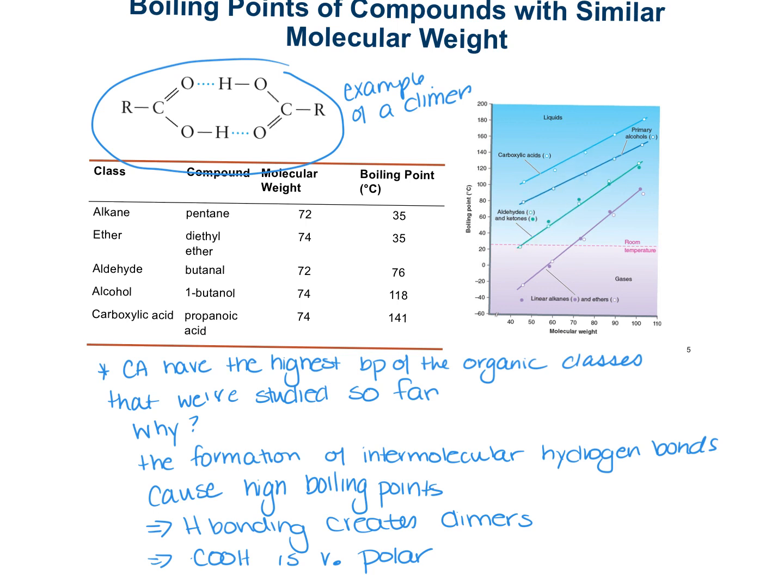For these simple aliphatic compounds, the boiling points usually increase in the order of alkanes and ethers, which are about the same, then aldehydes and ketones, which end up being about the same, right? But you can see here where there's those aldehydes and ketones. Then we have alcohols, which are shown here, and then carboxylic acids.